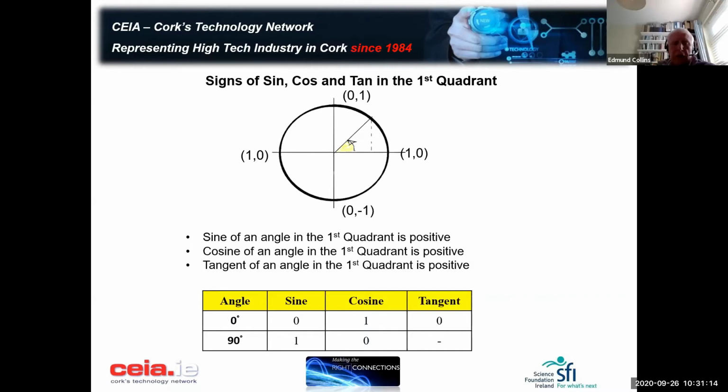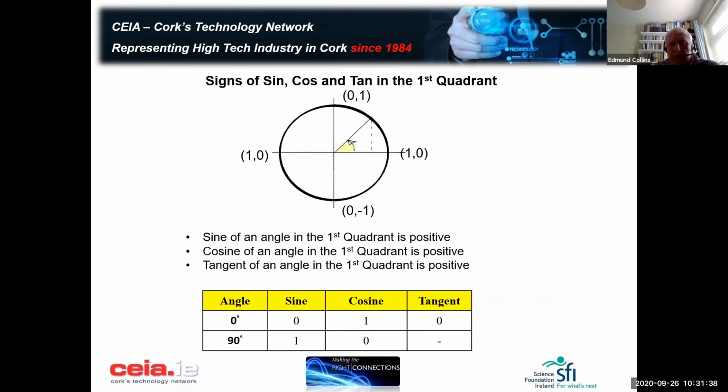That's at 0 degrees. However, if we move up to 90 degrees, it's reversed in relation to sine and cosine. The vertical component of the triangle is sitting on top of the radius, the hypotenuse. And therefore the sine is 1 at 90 degrees, but the cosine goes to 0.